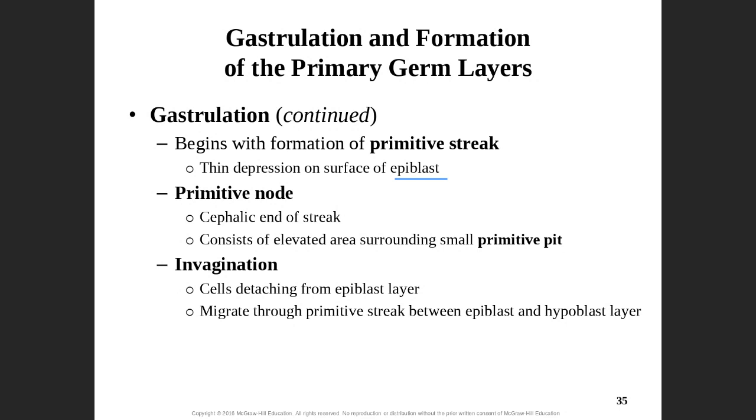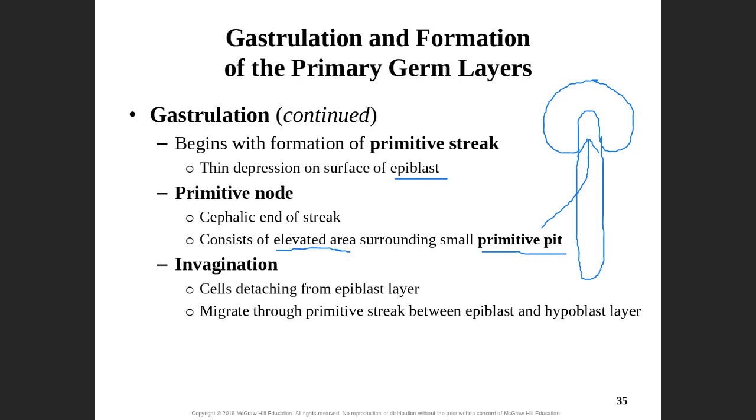The primitive node is a slightly elevated area, and it surrounds what we refer to as the primitive pit. So you'll have this slightly elevated area here, and then we have our primitive pit here, and from our primitive pit, you'll start to see this long streak start to occur.